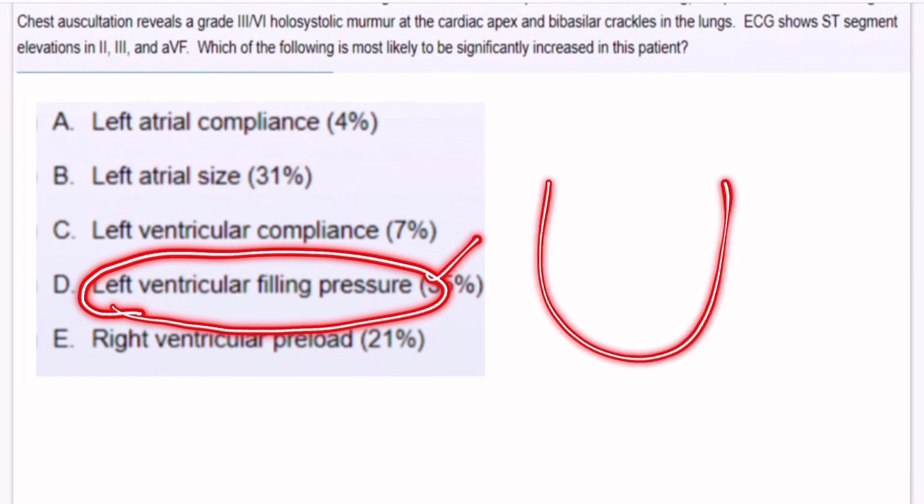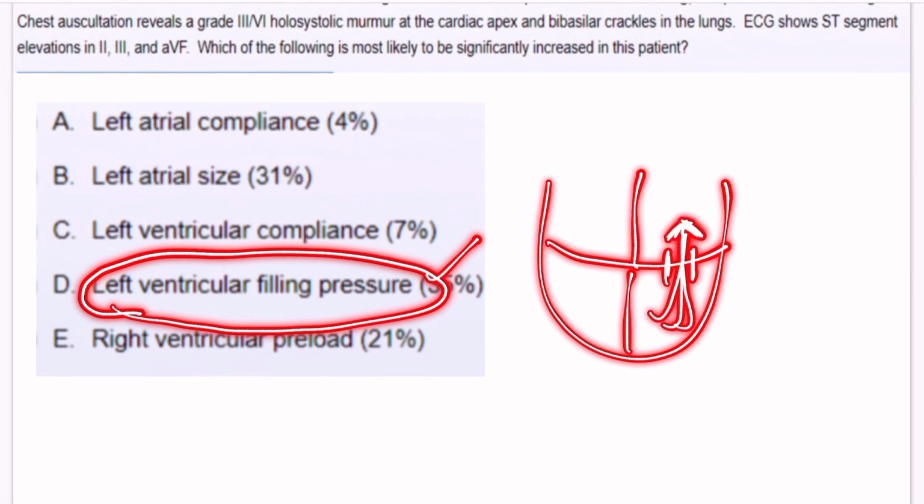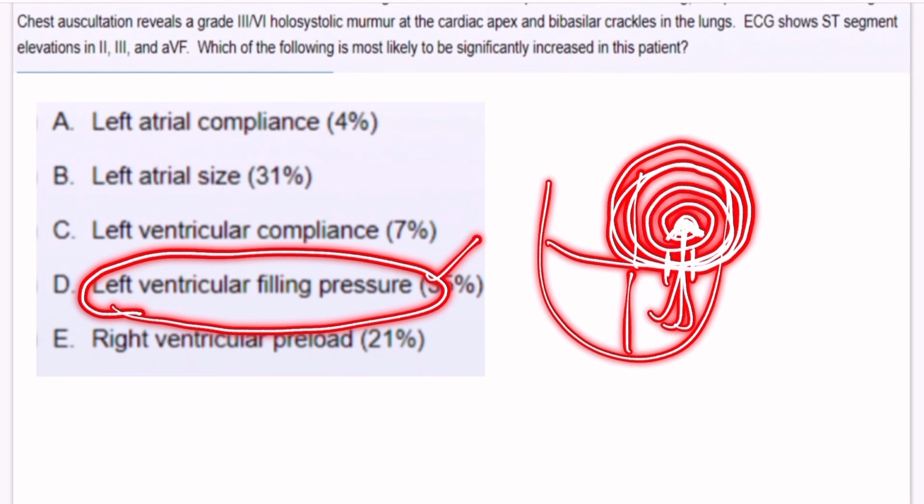So this is the heart, right? Let's suppose this is the heart, and because there is mitral valve regurgitation, a lot of blood is going back during systole into the left atrium, and this will result in a lot of blood pooling in the left atrium during diastole.